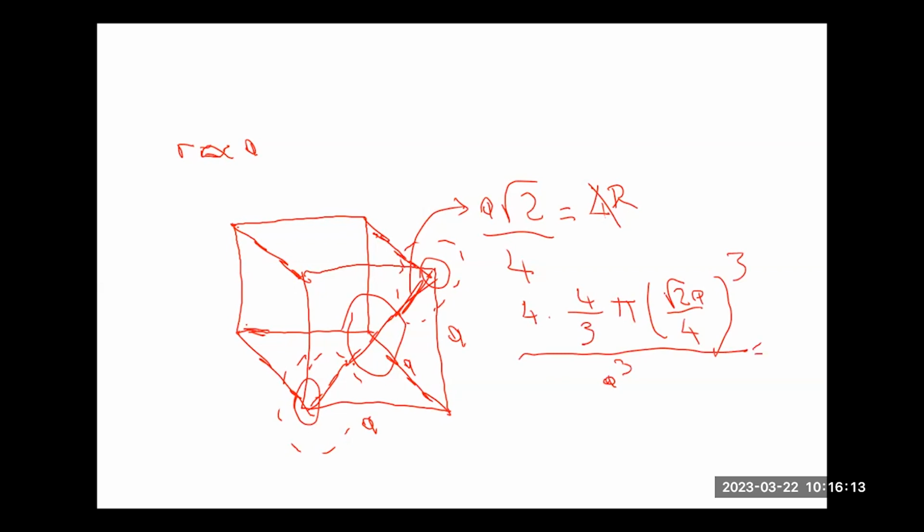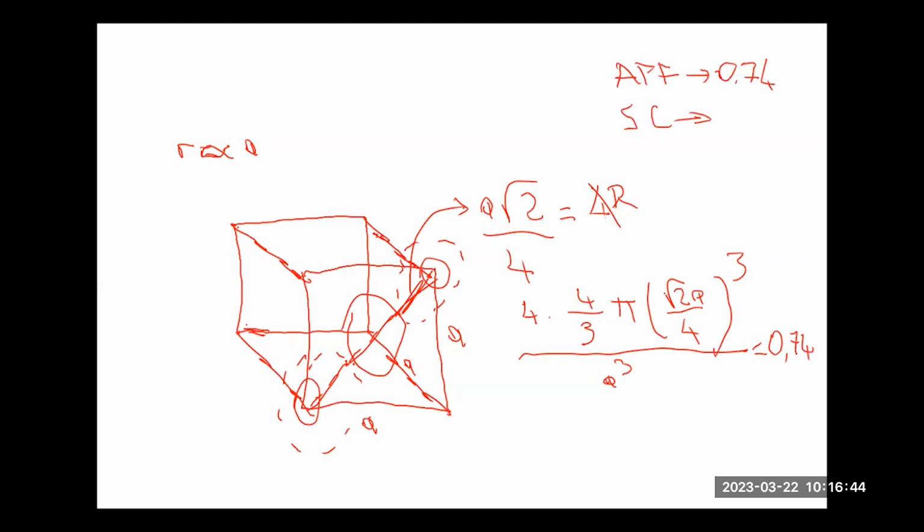What is the answer for FCC? Do you guys remember what is the atomic packing factor? 0.74, right? Is it correct? Yes, hocam. Perfect. FCC atomic packing factor is 0.74.